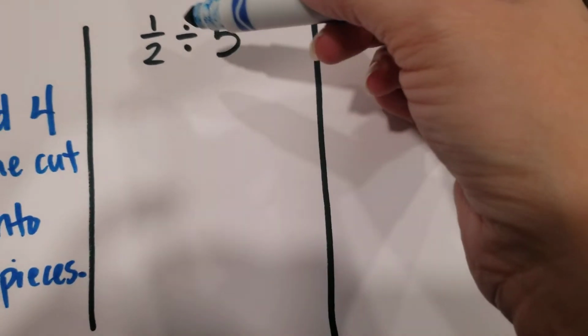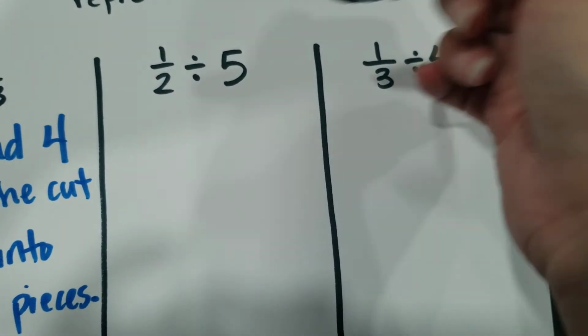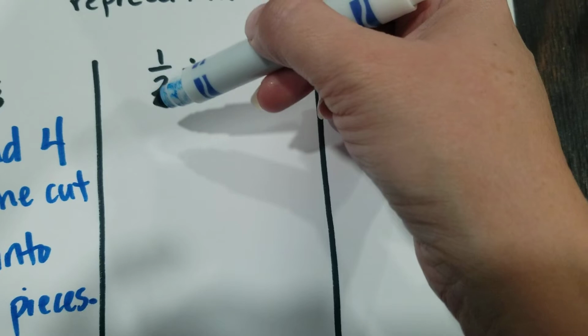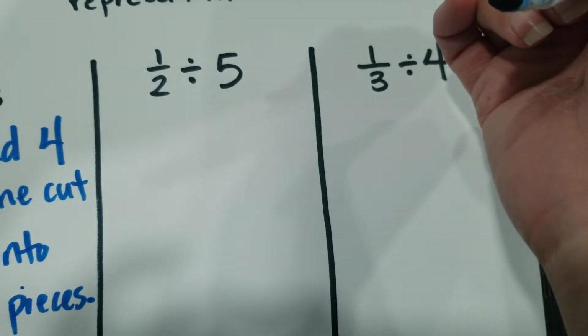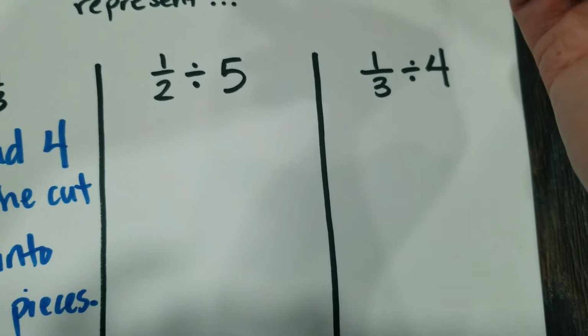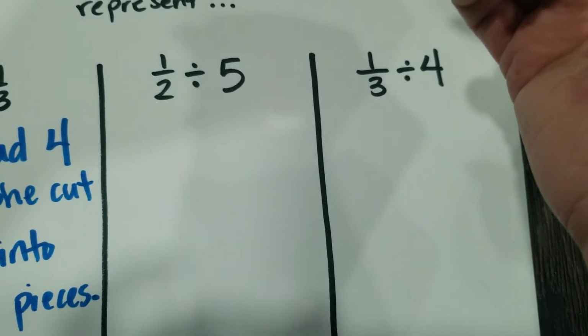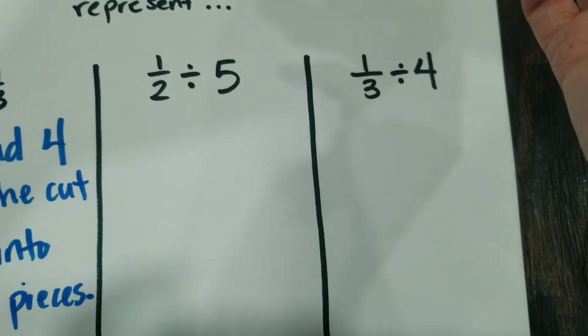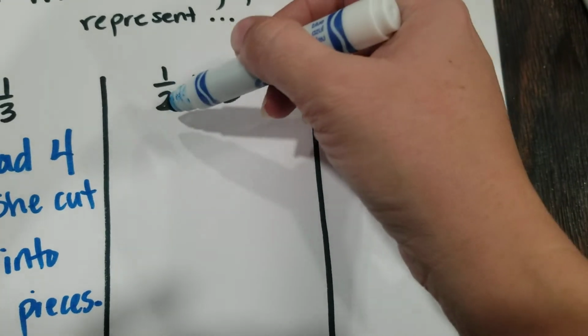So this middle one here is showing 1/2 divided by 5. So whatever is first, this 1/2 number, this is what's being split up. So I might have half of a pie. I might have half of a yard of ribbon. I might have half of a gallon of juice, like in the last problem. But whatever it is, I only have half to start. That's my first number.